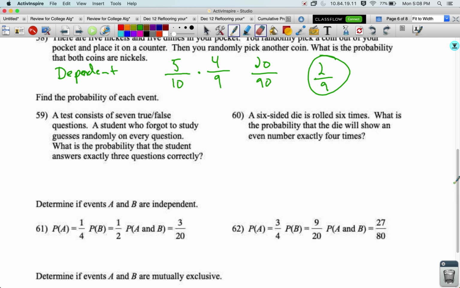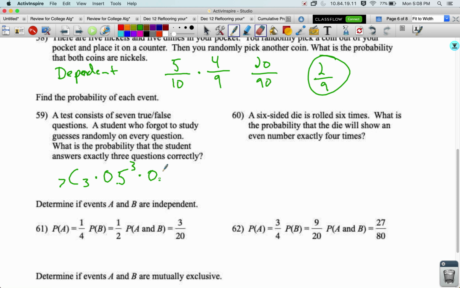A test consists of 7 true-false questions. A student forgets to study. What's the probability the student answers exactly 3 questions correctly? So there's 7 choose 3 ways to pick those questions. A 50% chance of getting it right, to the power of 3. So that's for the ones you get right.